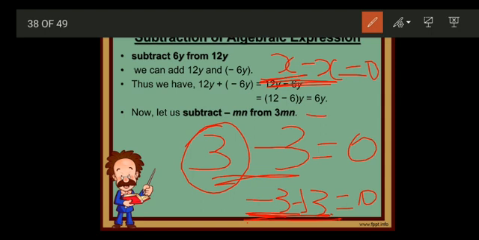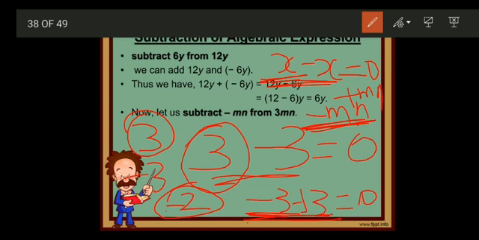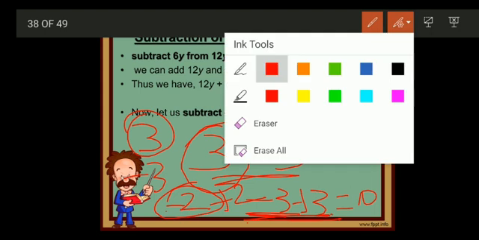Suppose if we have minus mn, additive inverse of minus mn is plus mn. Just changing the symbol. If we have positive numbers, additive inverse of that positive number will be negative. Suppose if we have negative numbers, minus 2, additive inverse of minus 2 will be positive, that is plus 2. Understood?